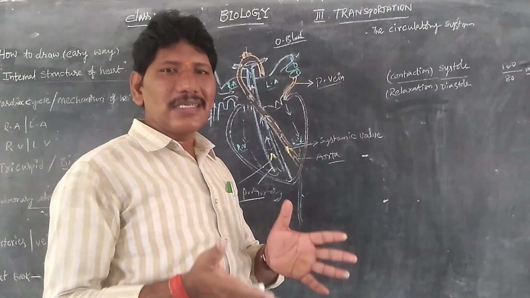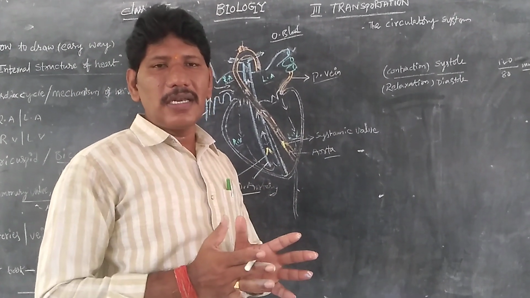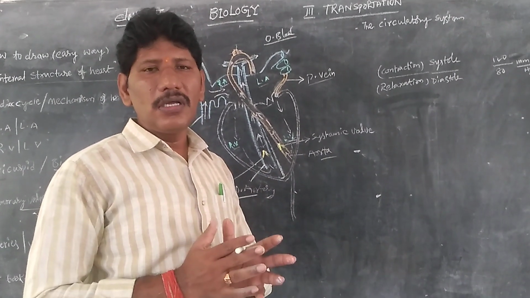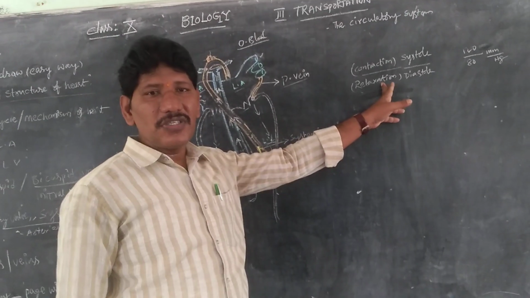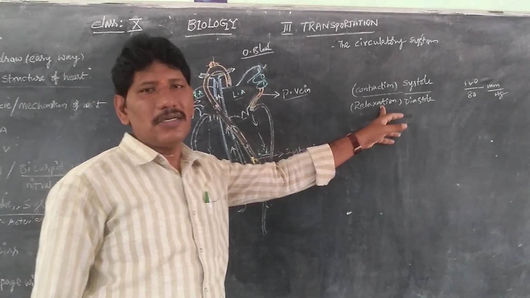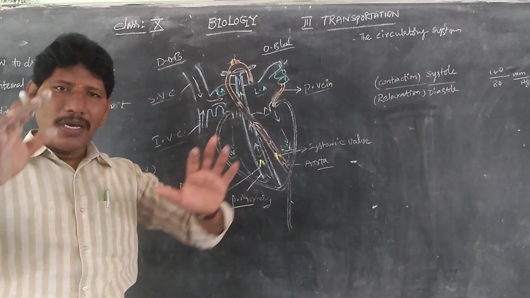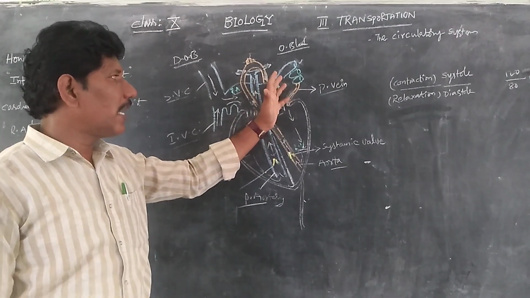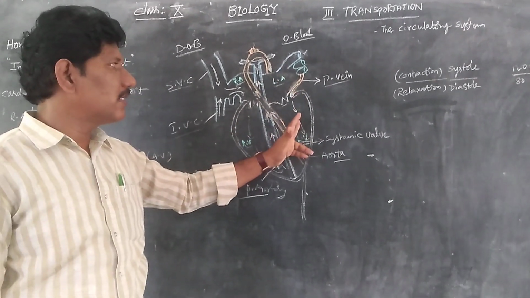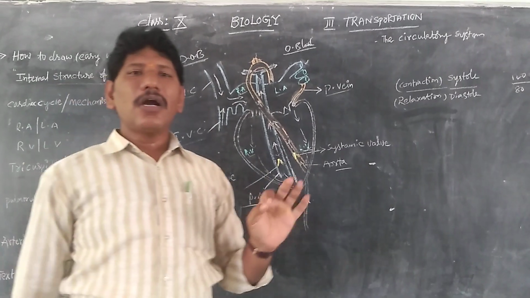The contraction phase is called systole. Next, what do we mean by diastole? The relaxation phase of both the atria and the ventricles is called diastole. So finally, one contraction and one relaxation of both the atria and ventricles is called a cardiac cycle.